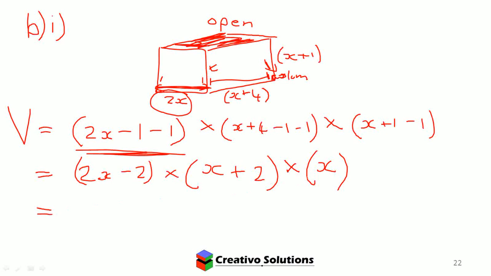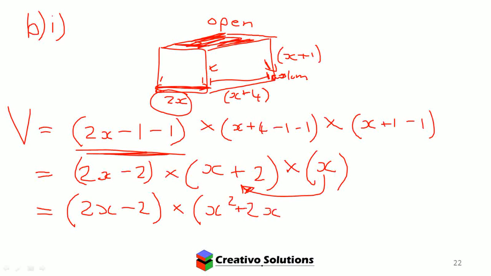I'm going to start by multiplying the x into one of those brackets. I'm going to choose that one. So 2x minus 2 times x is x squared. 2 times x is 2x. Obviously a plus in the middle. Then I'm going to multiply these two terms out. So 2x times x squared is 2x to the 3.